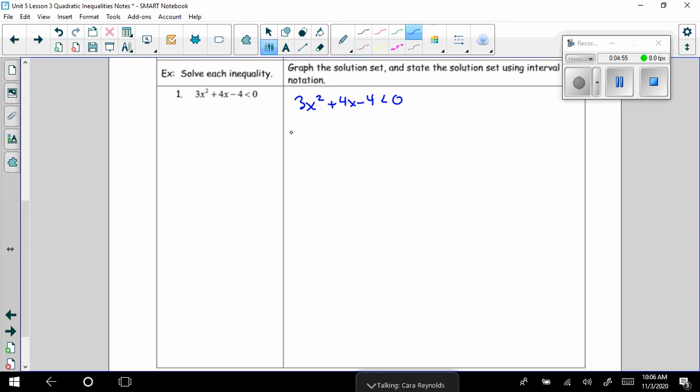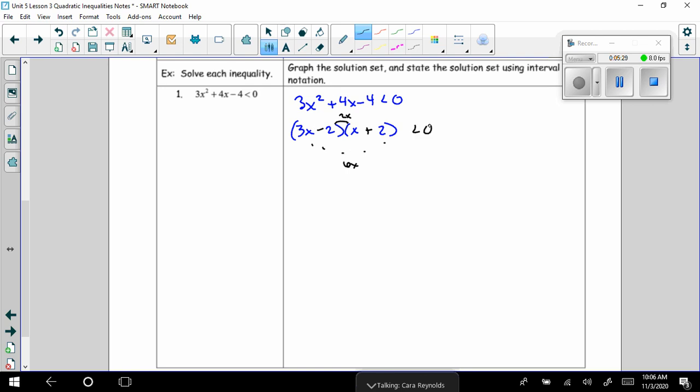This one actually factors into 3x and x to give us 3x squared, and I'm going to try 2 and 2 to give me the 4. That's 6x and 2x. I want plus 6x minus 2x to give me plus 4. And so there's my factors.